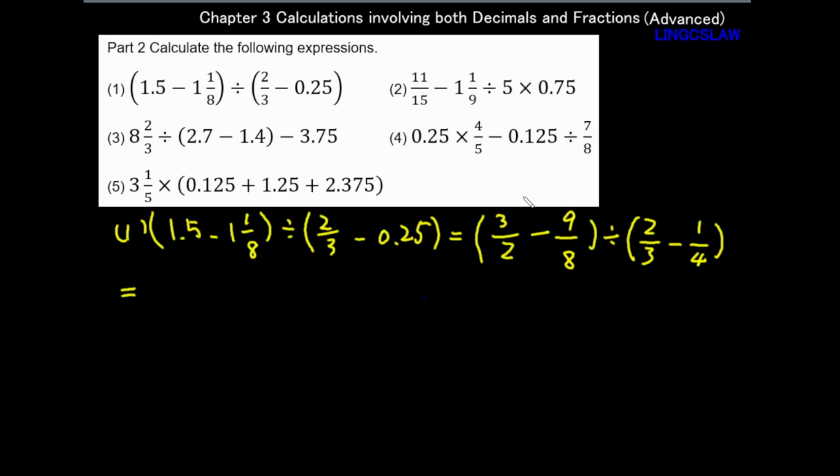Okay, first we calculate this part and this part, and make the denominator 8. 2 times 4 equals 8, so 3 times 4 equals 12, minus 9.